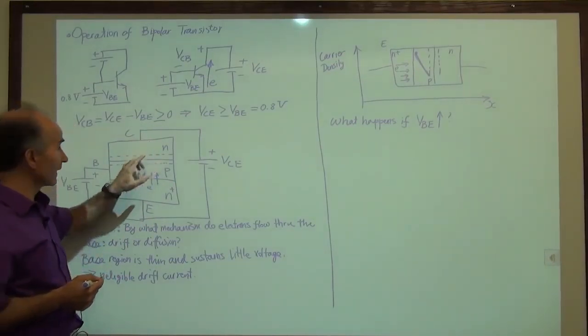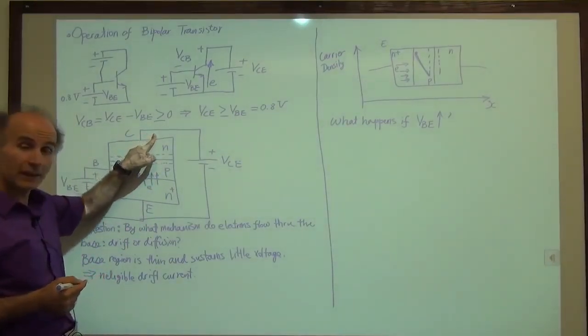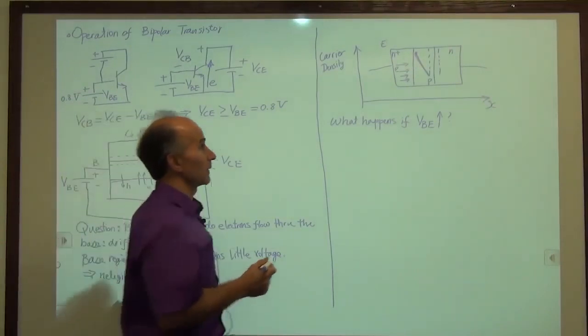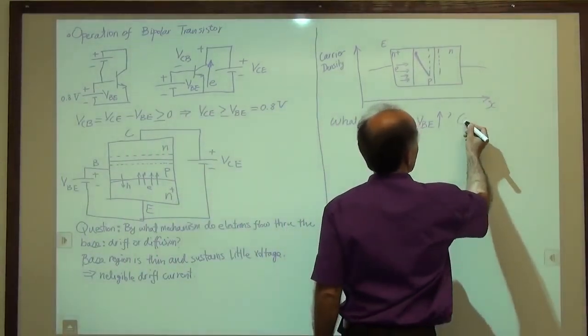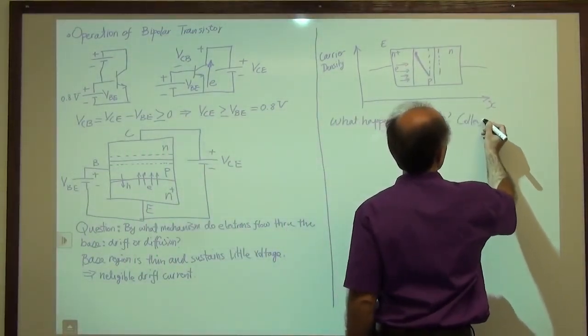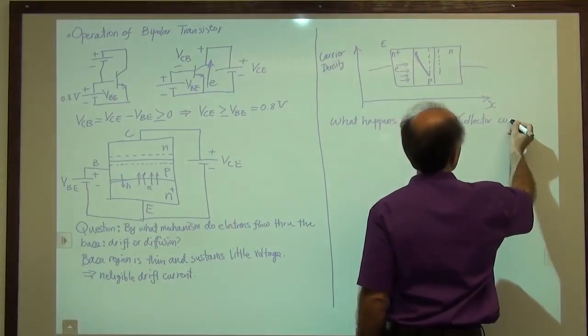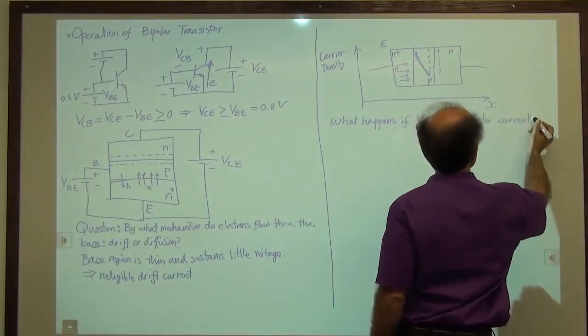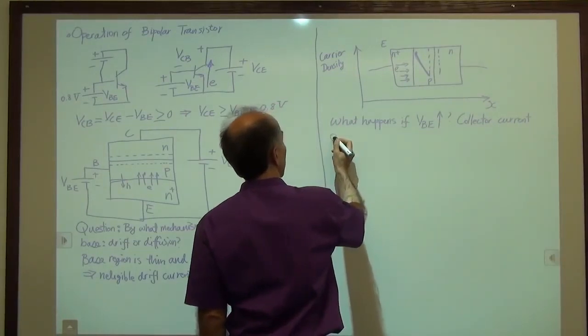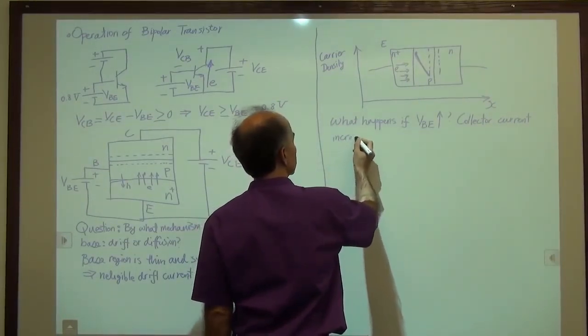So what we expect is that the current coming out of the collector increases, right? So we say collector current increases.